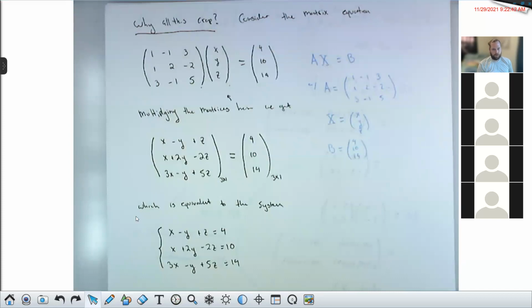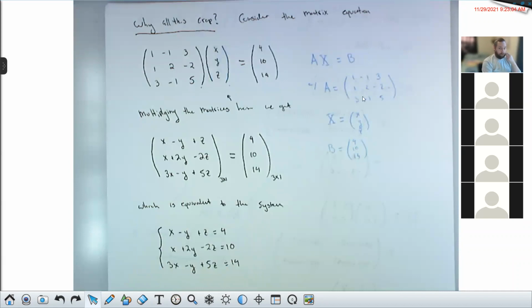So solving a linear system, a system of linear equations, is equivalent to solving the single matrix equation AX equals B, where A is a constant matrix, and B is a constant matrix, and X is a matrix made up of the variables little x, little y, little z.